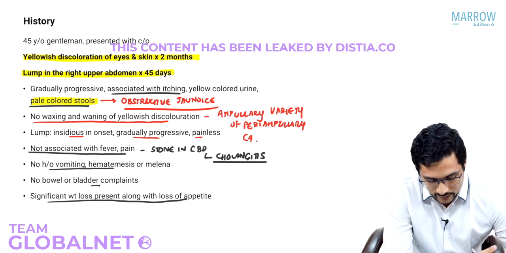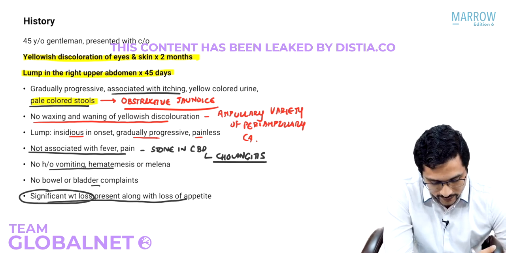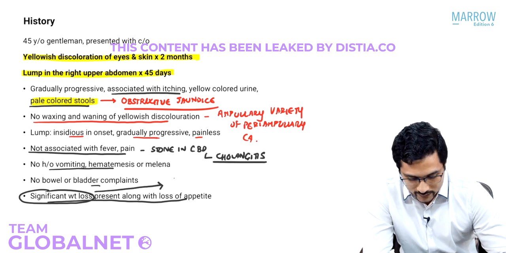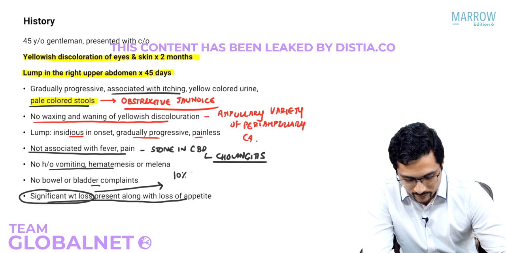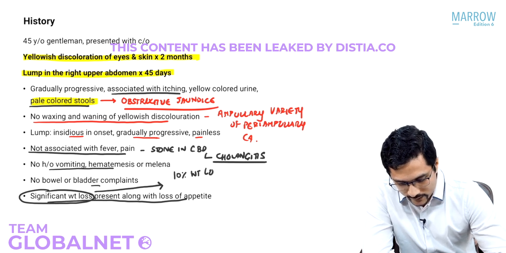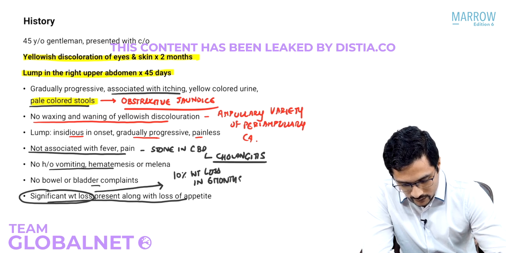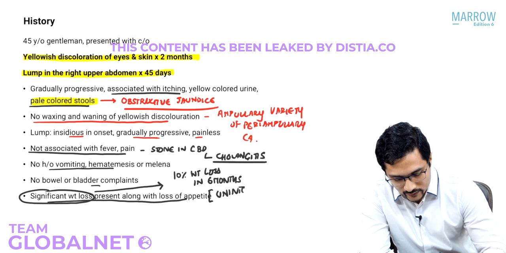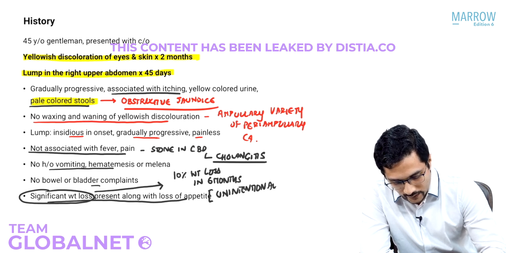Now, a lot of examiners are going to ask you here, what is significant weight loss? How do you quantify significant weight loss? So, significant weight loss is 10% weight loss in 6 months, right? But the key word here is unintentional.